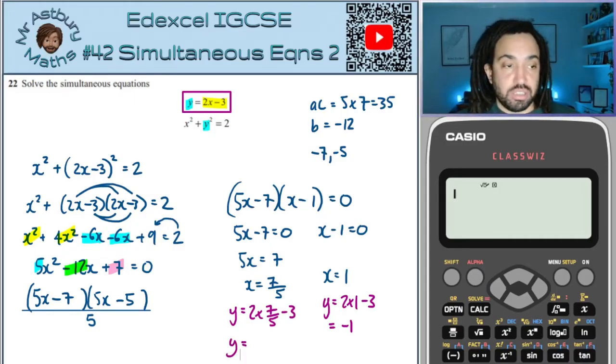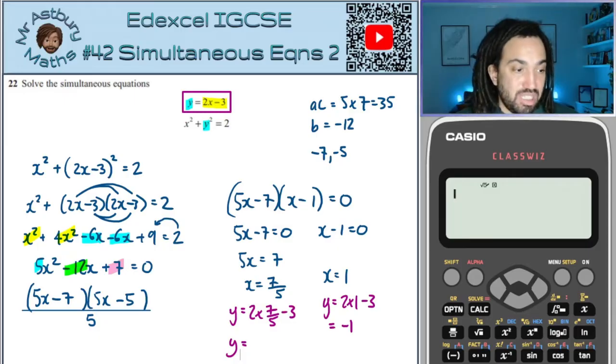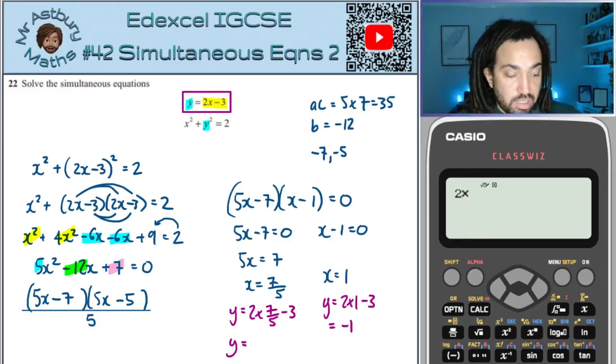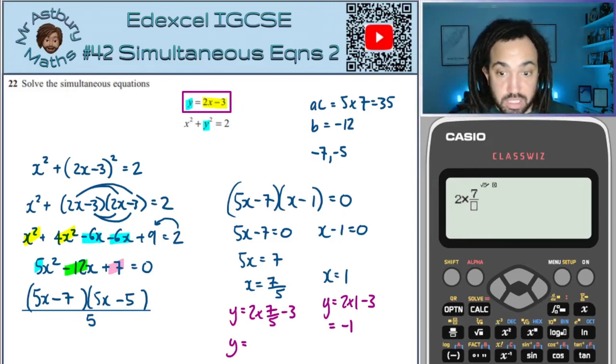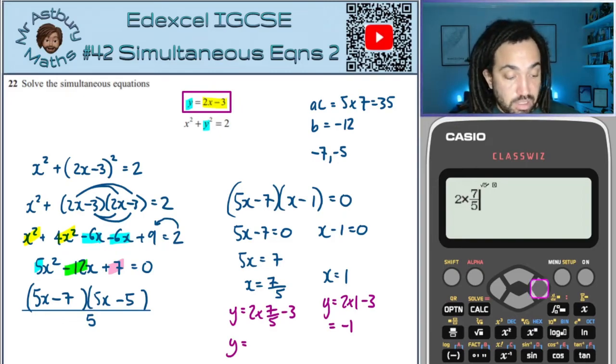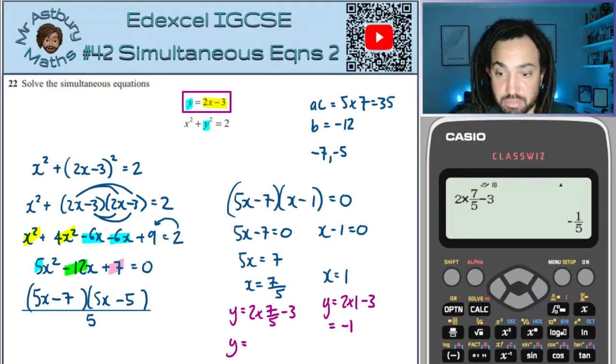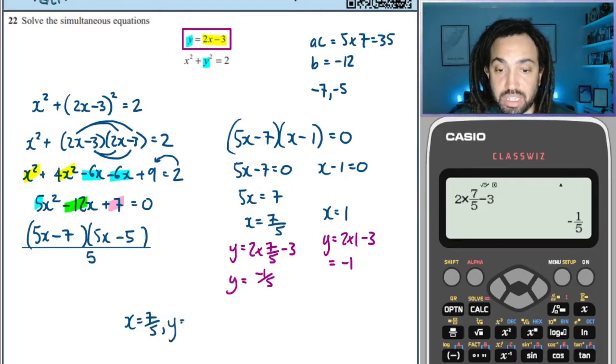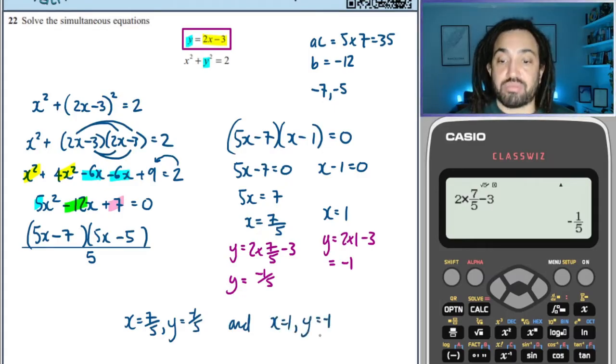That will give us minus 1/5, I'm going to go with. Just double check. Yes, minus 1/5, perfect. And then finally what I would do is I would just write them out again so they're next to each other. So we have this, and a separate solution is this. Perfect.